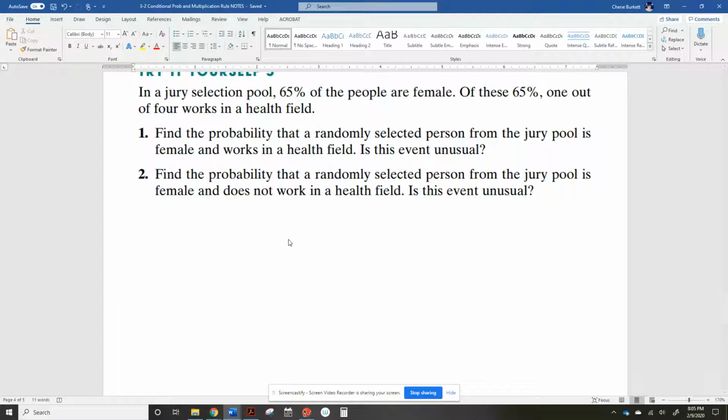I am going to tell you before you get to do this by yourself that we need to know what unusual means. So if your probability comes out to be less than 0.05, 5%, then it's considered unusual. Anything bigger than 5% is not unusual.